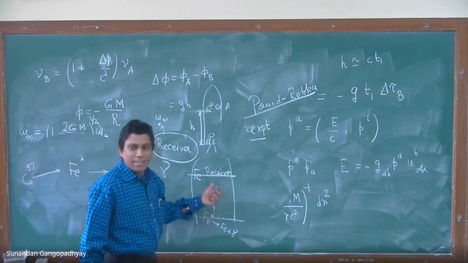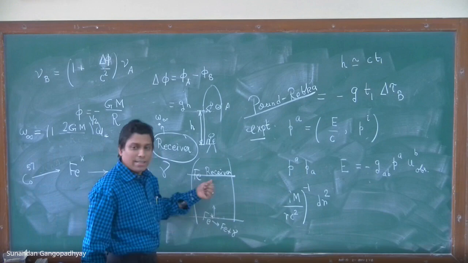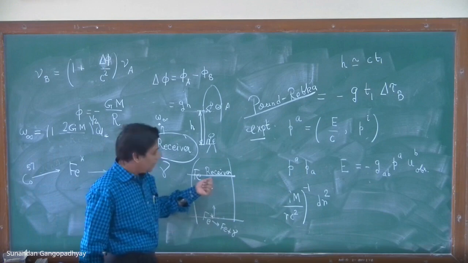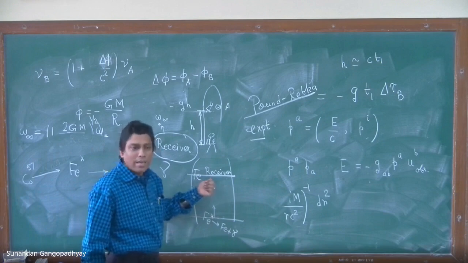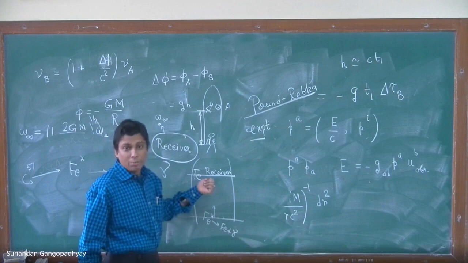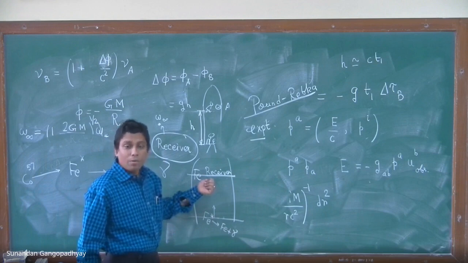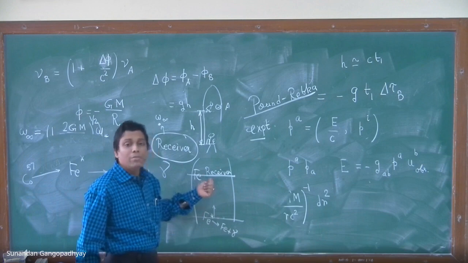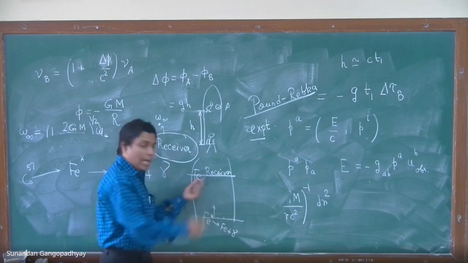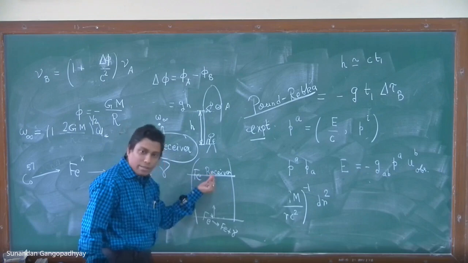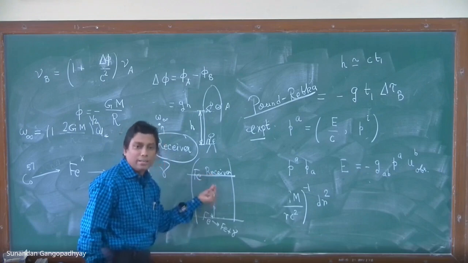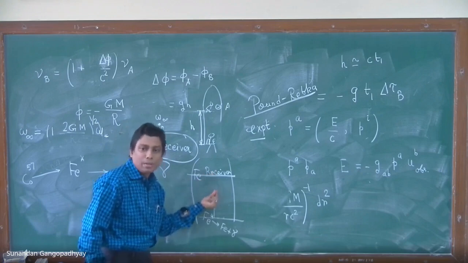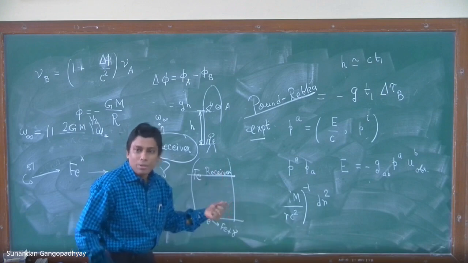Because gravitational redshift is there. The signal that he receives here, the frequency, is actually smaller. It's redshifted because he's at a higher gravitational potential. So what did Pound and Rebka do? They were very clever. They gave a blue shift. They moved this iron, which is a Doppler effect, to cancel that.